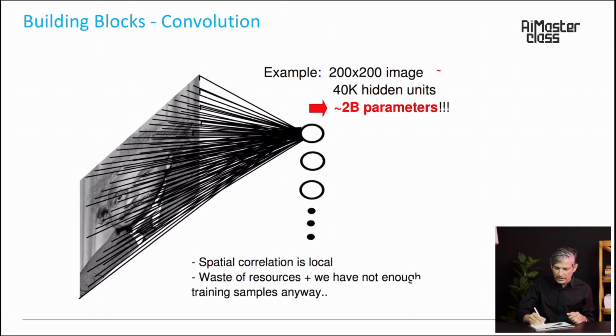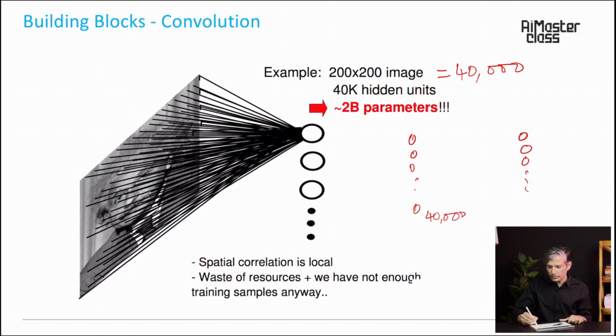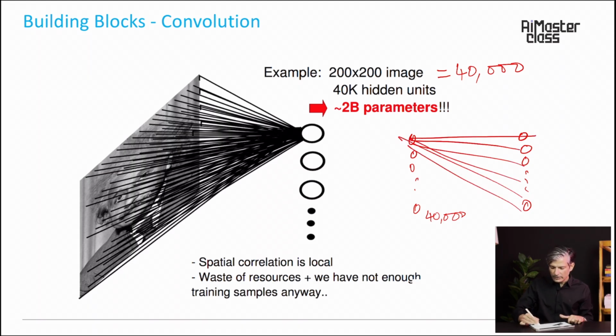So it has, let's say, 40,000 input neurons, and let's say we want the same number of output neurons, 40,000 output neurons. And now let's say we have a fully connected layer between them, right? A fully connected layer, as you know, is everything connected to everything.